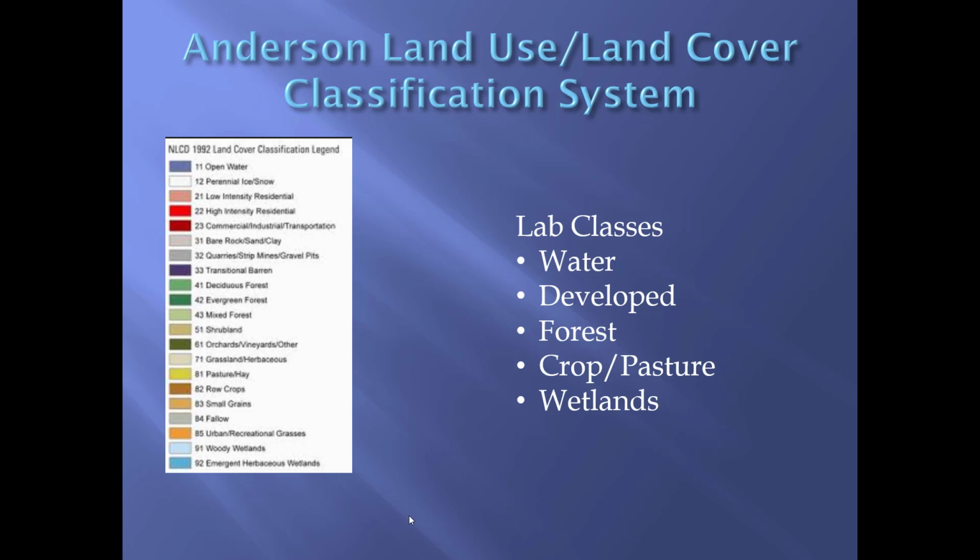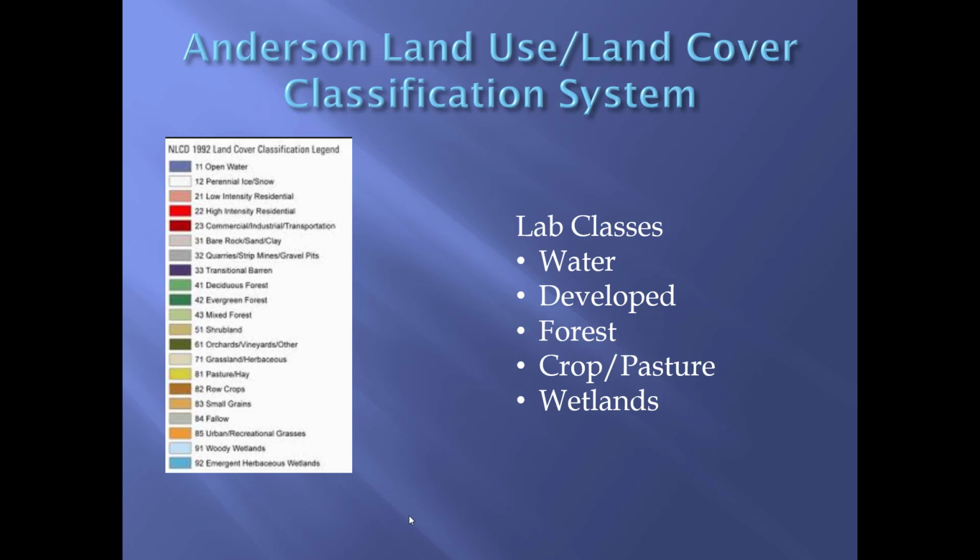So we've looked at the Anderson land use land cover classification system before in lecture, and this is an example of land covers that have been established. You can see here that number 11 is open water. You can scroll down through that list and see things like ice and snow.